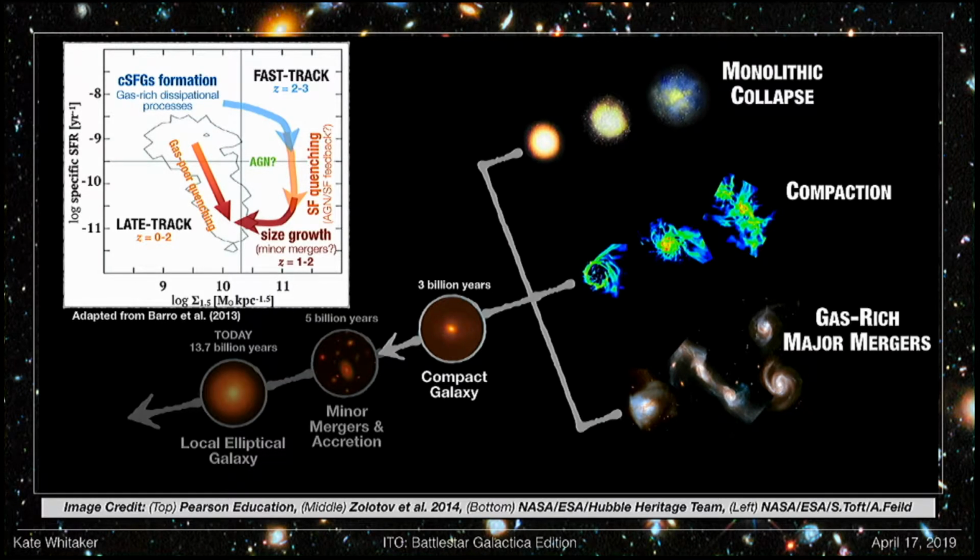Mauro showed this nice diagram showing the specific star formation rate. So these are star forming, these are dead, as a function of the central surface density. Sigma 1, I'm not entirely sure what sigma 1.5 is. It's close to sigma 1, almost the same.